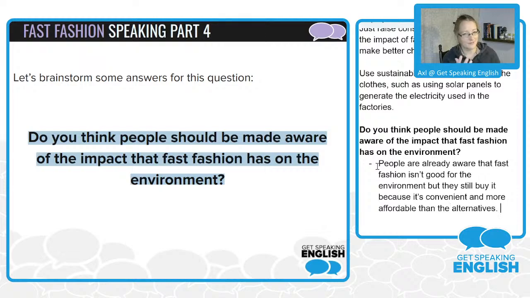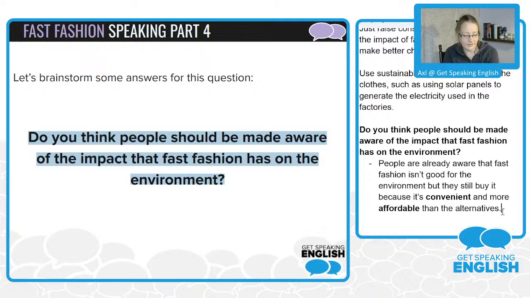So that's one thing against that. Like, maybe they shouldn't really be made aware because it's not going to make a difference anyway, since it's the most convenient and affordable option out there right now, right? Maybe.